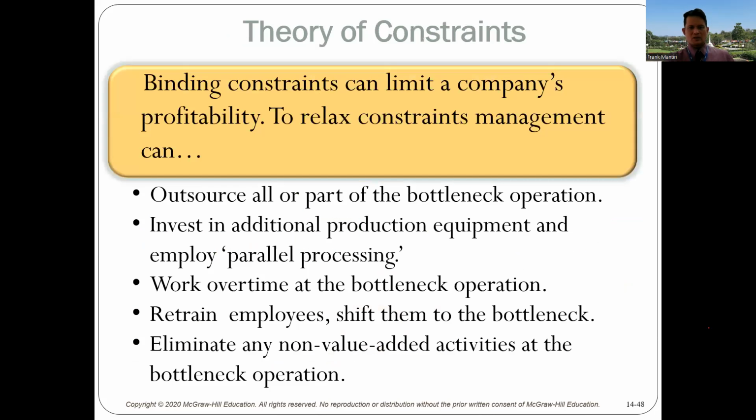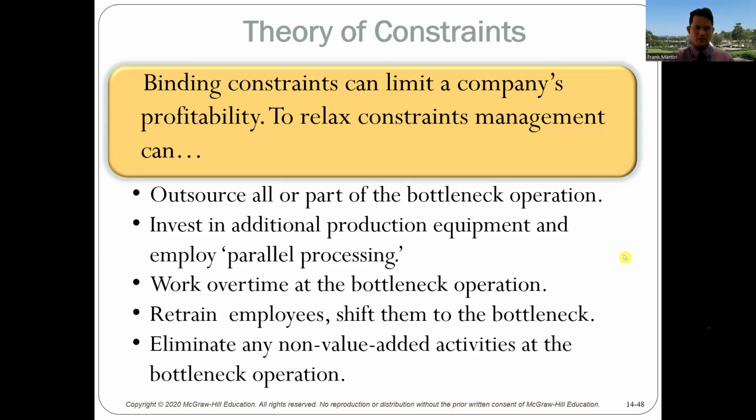All right. So in here, the theory of constraints says that binding constraints can limit a company's profitability. Now, to relax constraints or limitations, management can do all of these things below. Outsource all or parts of the bottleneck operation.